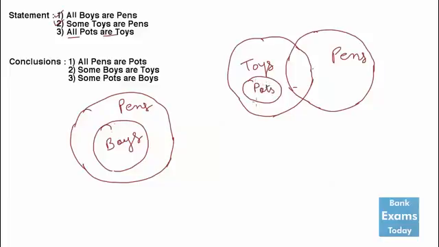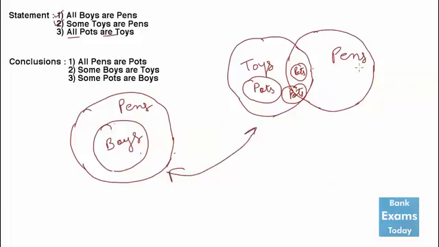So there is a possibility that the circle pot is here, or it can be here, or it can be something like this here. So these are our possibilities. So we can join these two diagrams.